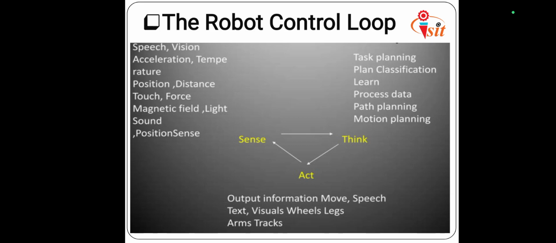The second part is think, where task planning, plan classification, learning, processing, path planning and motion planning are controlled with the help of the computer. After that, act, that is output information in the form of move, speech, text, visual, wheels, legs, arms, tracks, etc. So this is the control loop. After acting, again that data is given to the sensors. The sensor senses, again it is given to the think stage, and in this way the robot is controlled. This is the robot control loop.